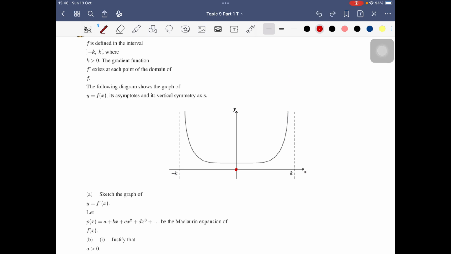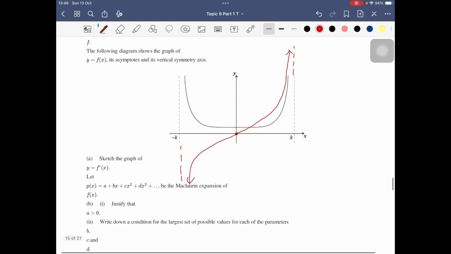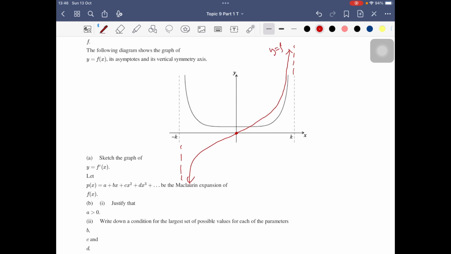I'm talking about the slope of the tangent. It doesn't reach anywhere. It just goes to infinity. So this still has the same asymptote. So it seems something similar like this. And this can be y equals f prime of x.